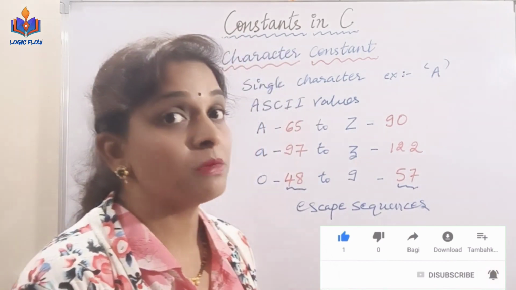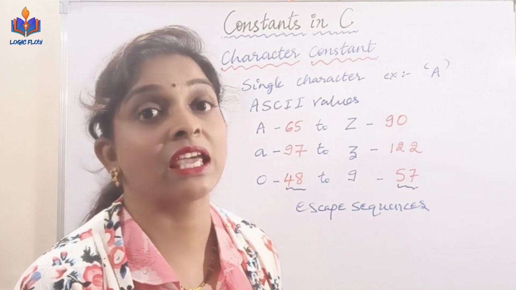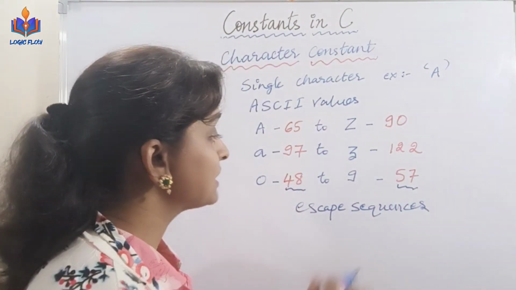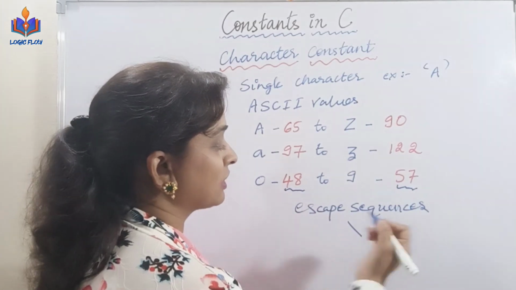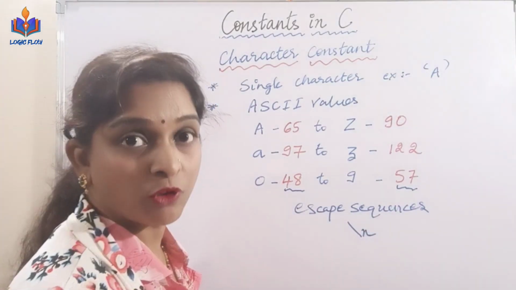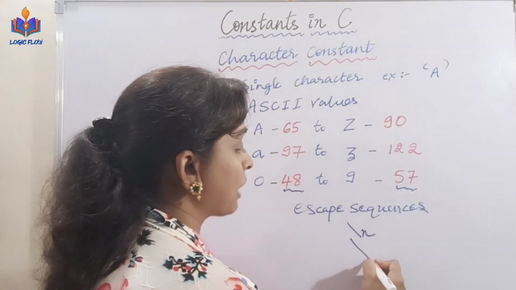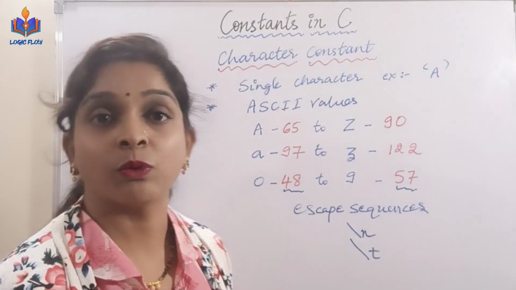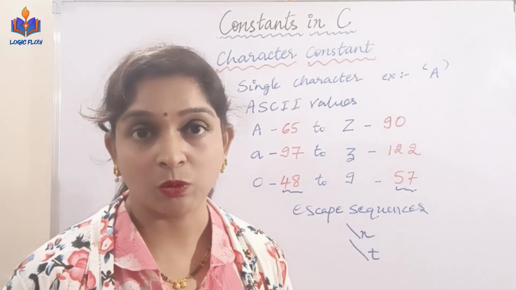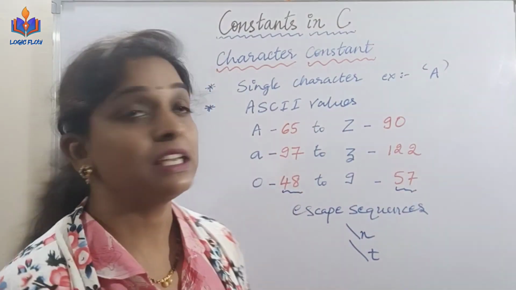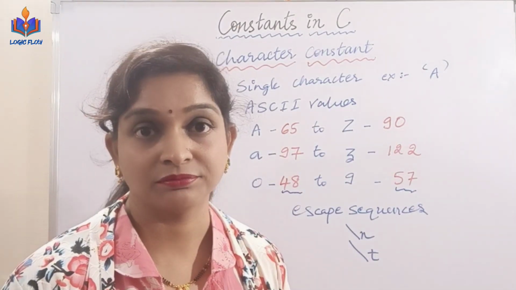So we use escape sequences, which we represent with a backward slash followed by a character, say n, which stands for new line, or backward slash t, which stands for tab space. Like this we make use of escape sequences. So it is also a character constant.